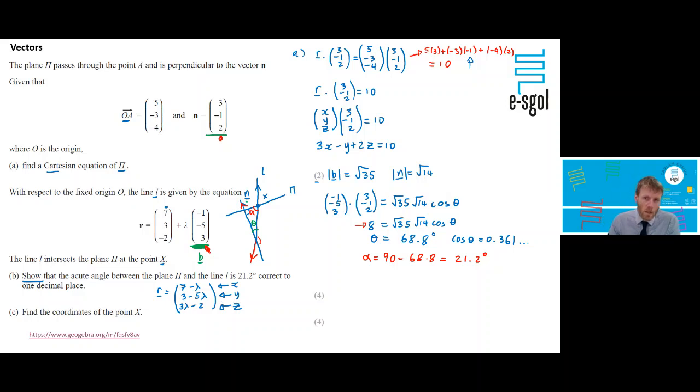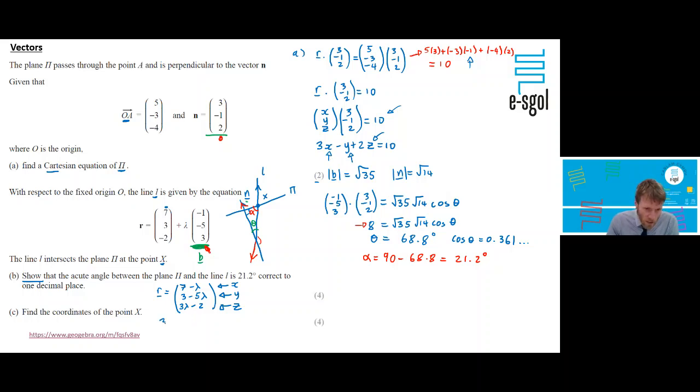If we go up to the top here, where we've got our equation for the plane, we now have some different values for the x, y and z coordinates. So here we can put in our z coordinate, our y coordinate and our x coordinate.